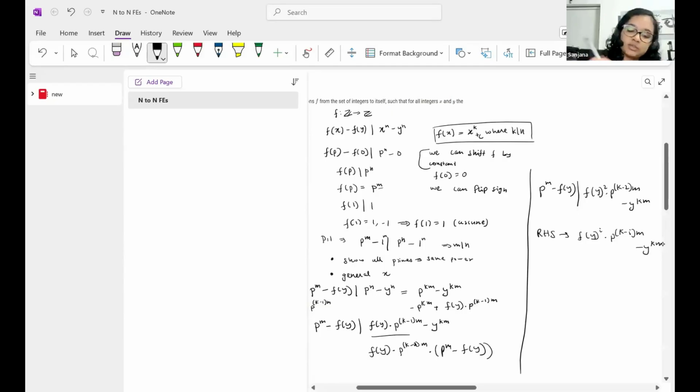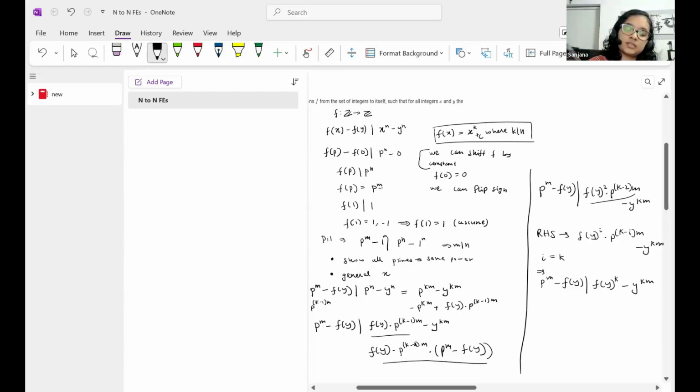And this is what happens when you keep doing this process of trying to get rid of the left term. So finally, when i becomes equal to k, the left hand side divides f of y raised to k minus y raised to km, which is just y raised to m.